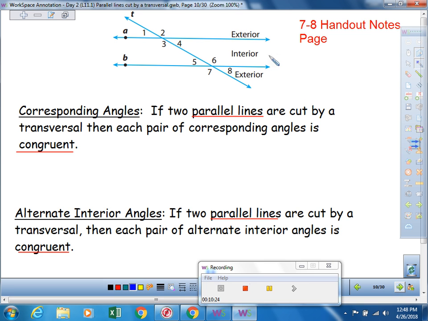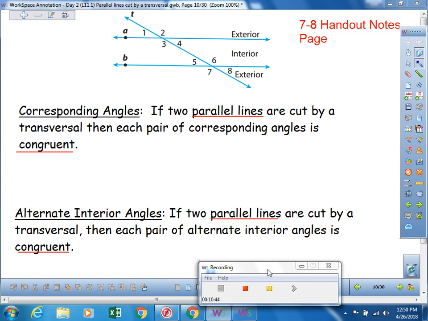All right, number 7 and 8, corresponding angles. Before you fill all that in, let's just look at corresponding. Guys, if I look at these angles, parallel lines cut by a transversal, there are 8 angles.